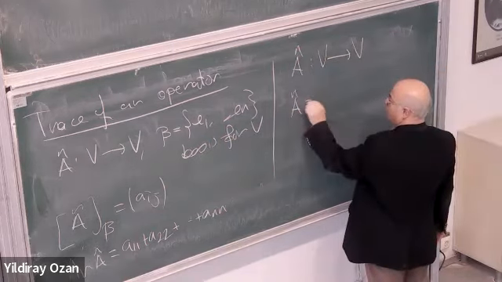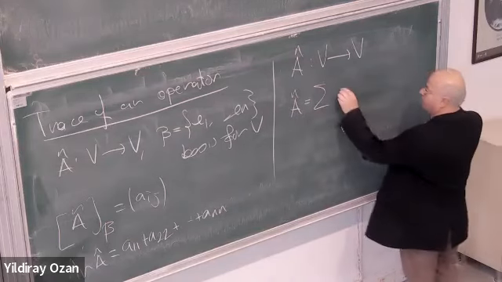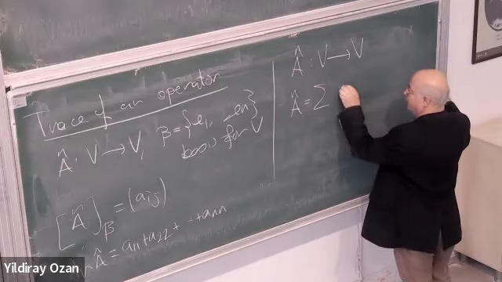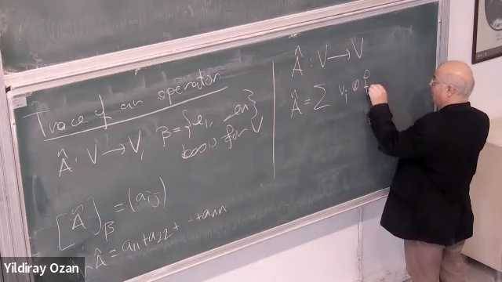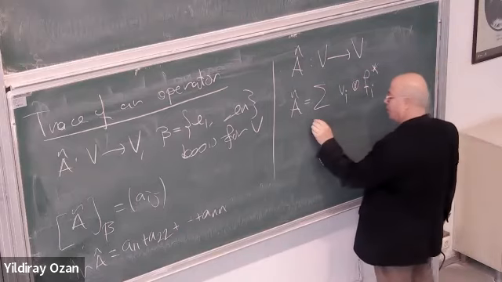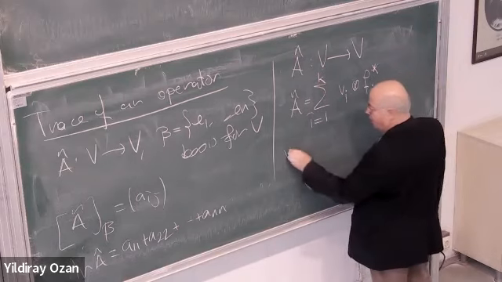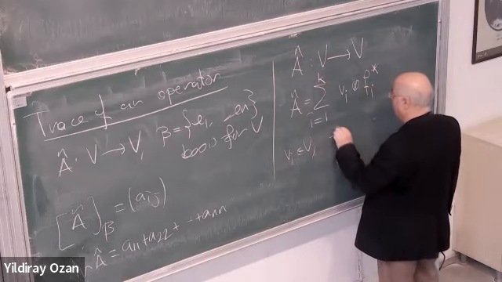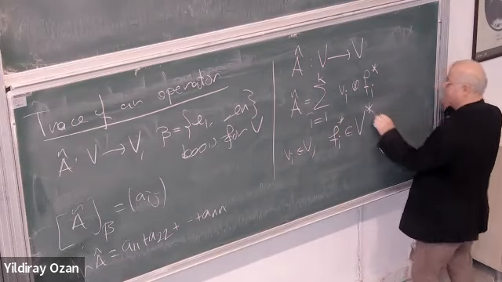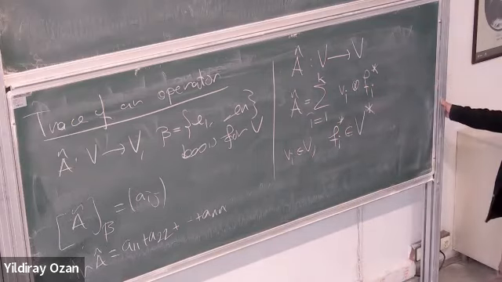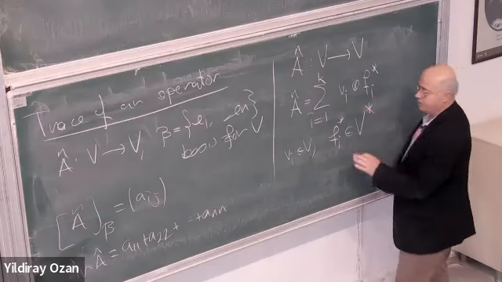Suppose your operator is like this: the sum of v_i tensor f_i star, i from 1 up to n. So v_i is in V, f_i star is in V star. Right? Then the trace becomes something very nice.